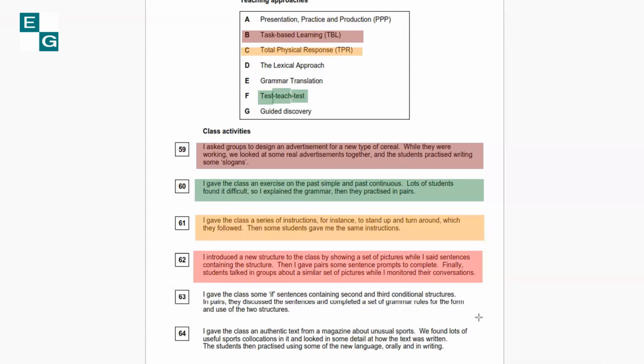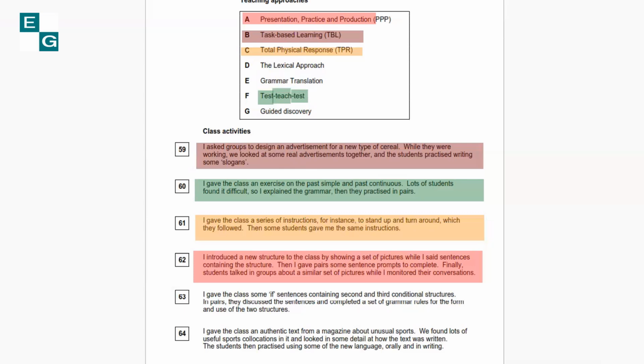Then I gave pairs some sentence prompts to complete. Then they were practicing. Finally, students talked in groups about a similar set of pictures while I monitored their conversations. It means they produced. So the approach used was the PPP, presentation, practice, and production.